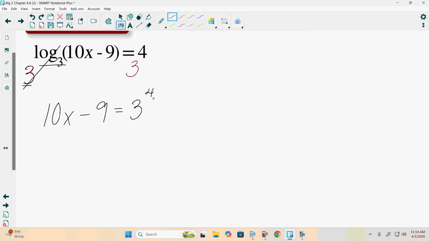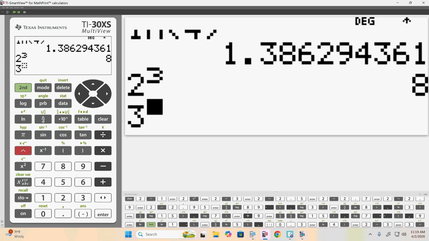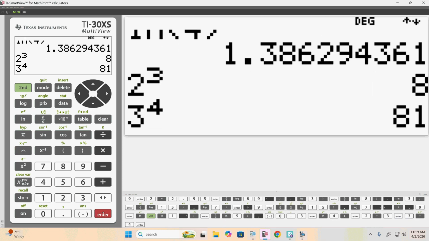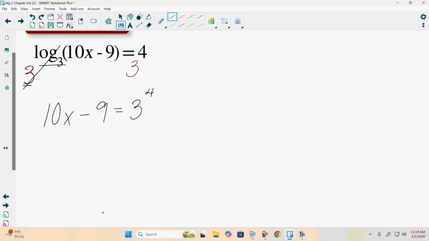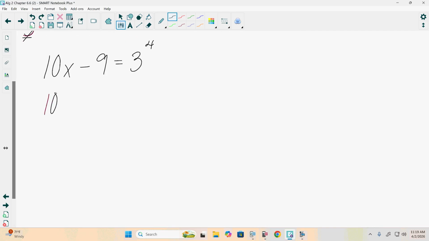Telling us 10x minus 9 is equal to 3 to the 4th power. That should be a nice number. Let's see here, 3 to the 4th is 81. So really what we're saying is that 10x minus 9 is equal to 81.